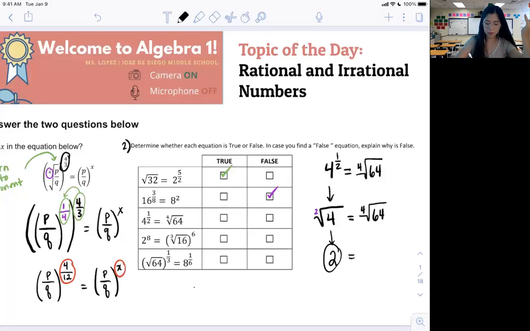Well, that's because 2 to the second power is 4. So if I'm trying to figure out what is the fourth root of 64, I'm just looking for a number that, if I take it to the fourth power, gives me 64. So is there a number that when you multiply it by itself 4 times gives you 64?